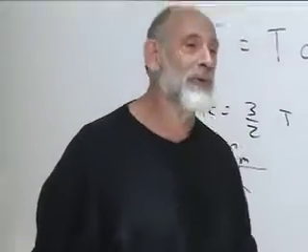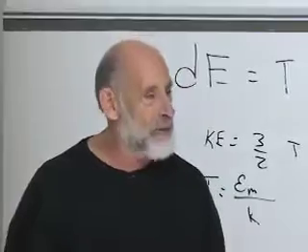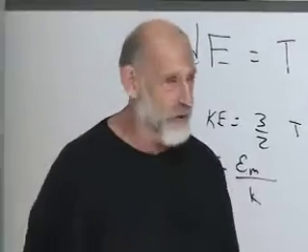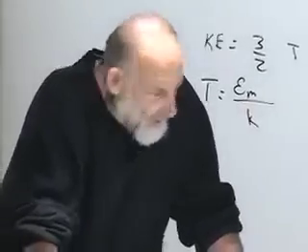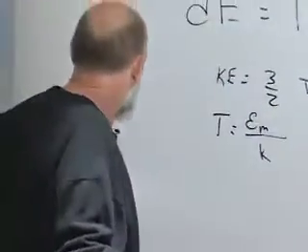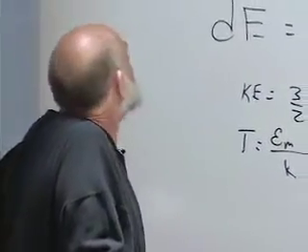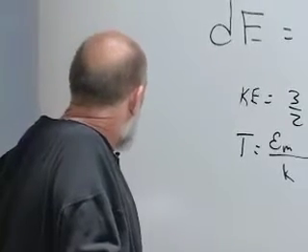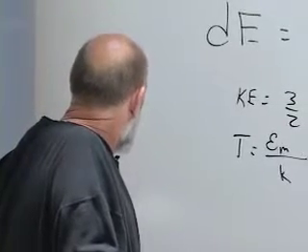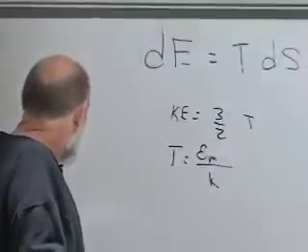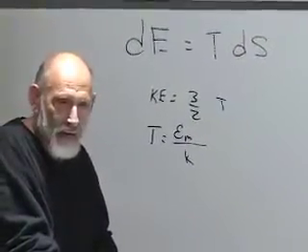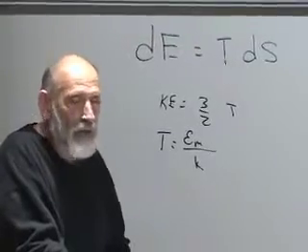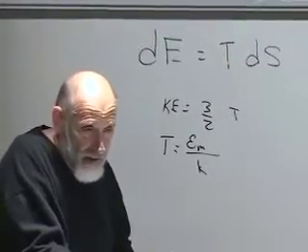Of course, you assign it the dimensions of bits, but a bit is just a dimensionless unit. If you put back the Boltzmann constant, it's energy divided by temperature.